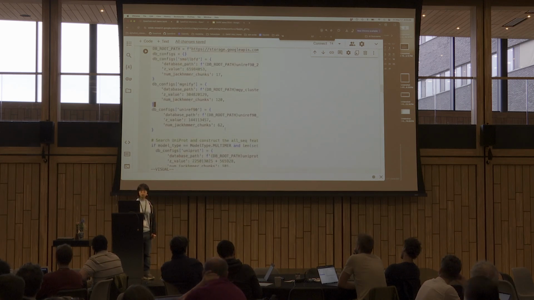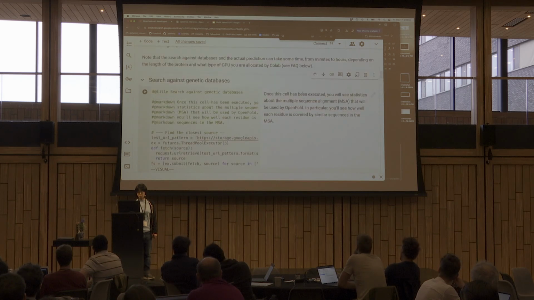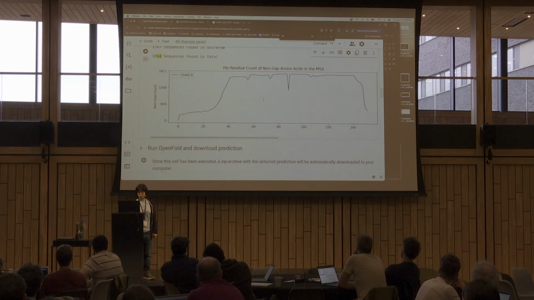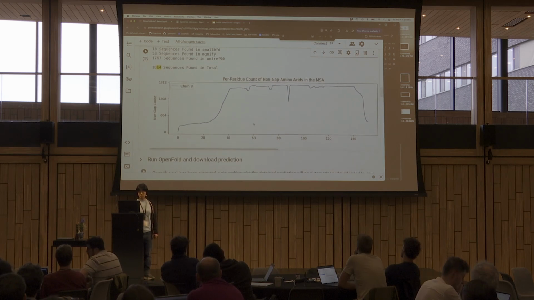But it means that the predictions can run faster, and I've used it a number of times as a way to help debug and make sure that the full model runs. Okay, so when you run the sequence alignments, you get a plot that looks like this. This shows you roughly the number of matches you're getting for each residue position in this sequence alignment.